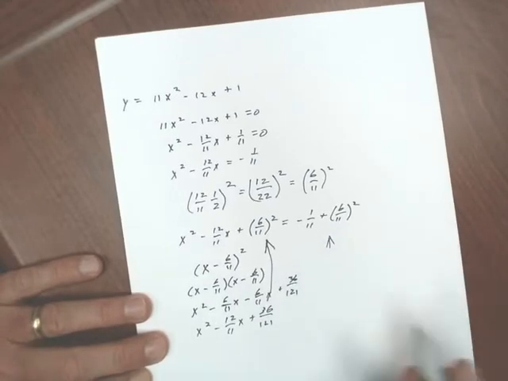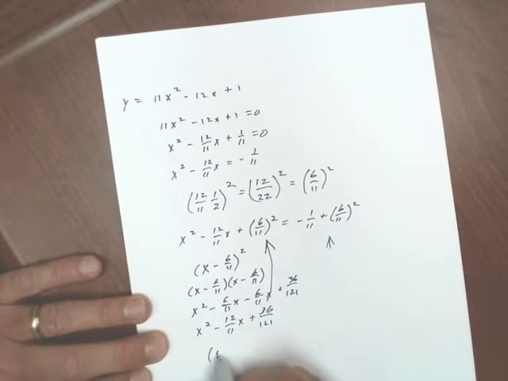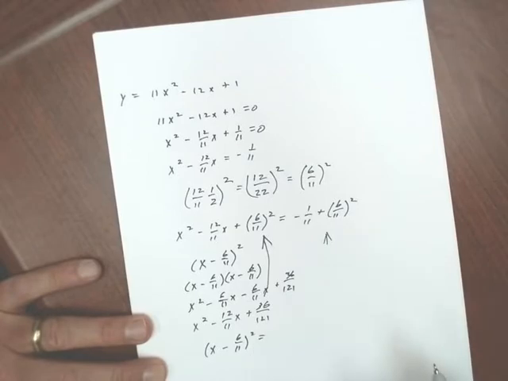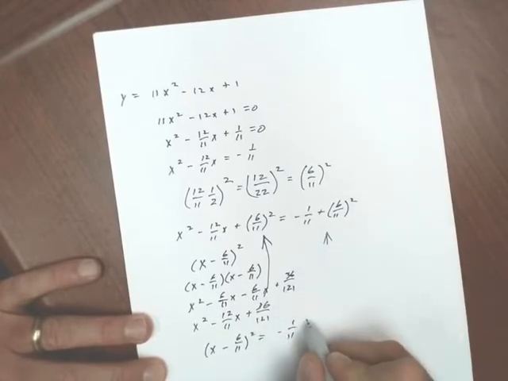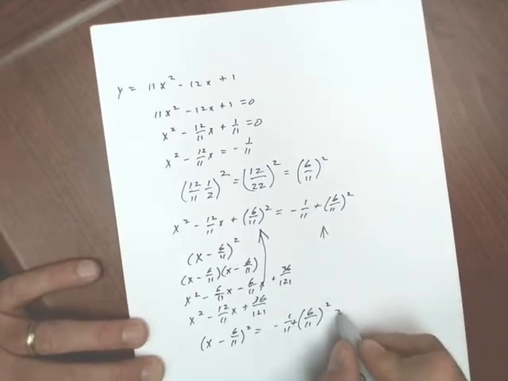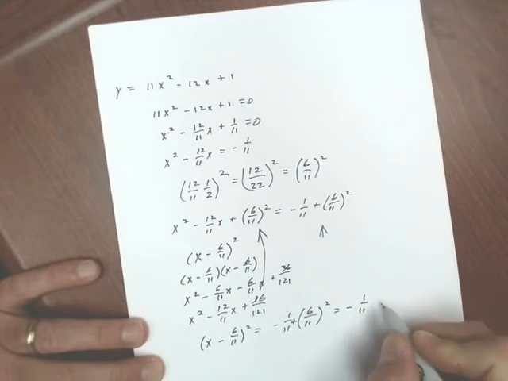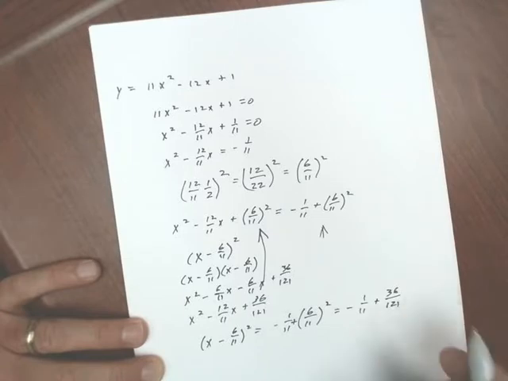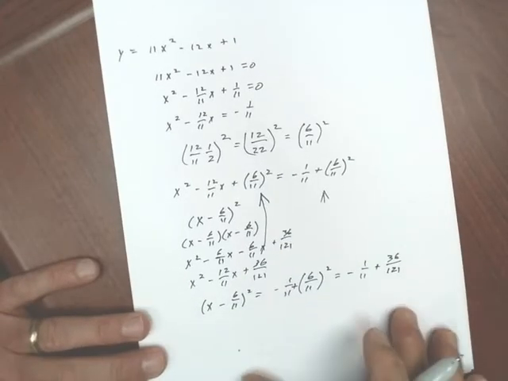Okay, going back here now. So what do we have? We have a perfect square on the left, x minus 6/11 squared equals negative 1 over 11 times, or excuse me, plus 6 over 11 squared. This equals negative 1 over 11 plus 36 over 121.